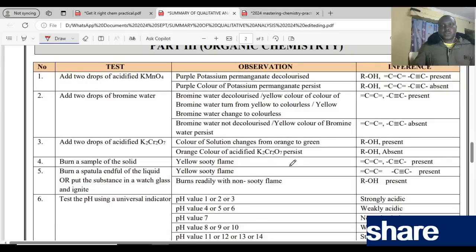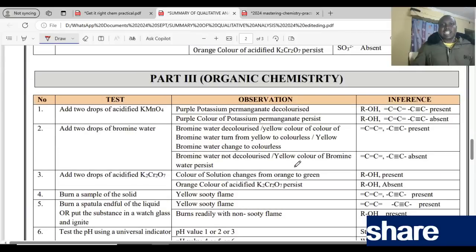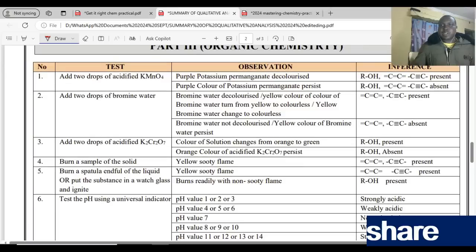Let me take you quickly through organic analysis. I just want to remind you the reagents that we have and what you are expected to write. When you are given acidified potassium permanganate, which is purple, you add 2 drops of acidified potassium permanganate.